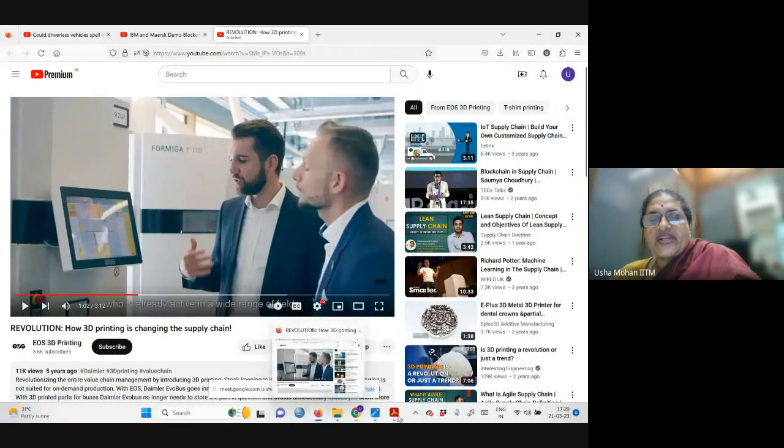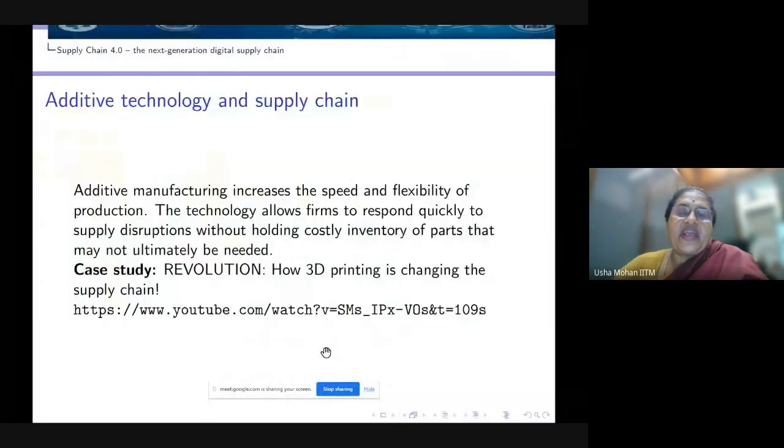So what you can see is 3D printing and additive technology, or additive manufacturing. One of the main things with 3D printing is you don't have to hold inventory. This was asked by one of the participants earlier: what do we do when I have to import a lot of products or raw material or spare parts which are not manufactured in India?